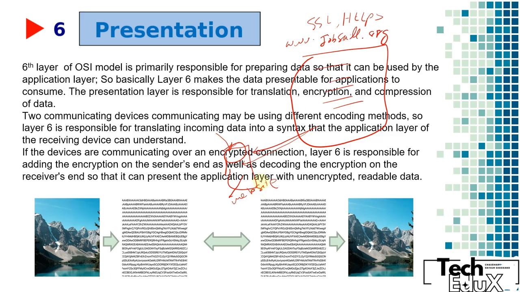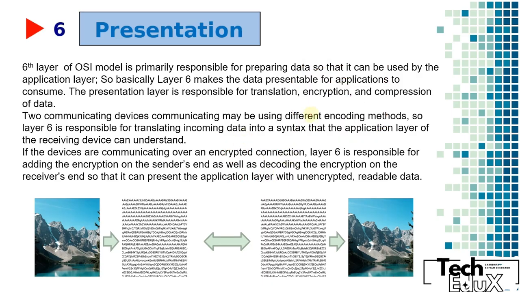You just keep it. If you can digest, that is good. But this is the whole idea of having the presentation layer. It is going to translate, as I mentioned over here, encryption like SSL, HTTPS, the secure things. It is going to encrypt and decrypt, and the compression. So this is what the presentation layer is used for.